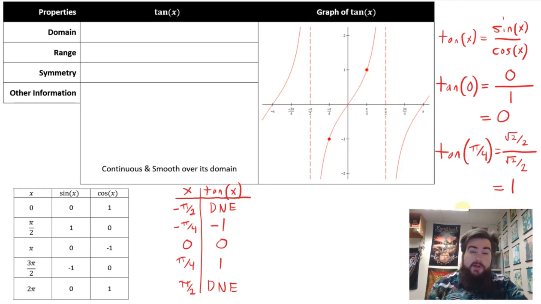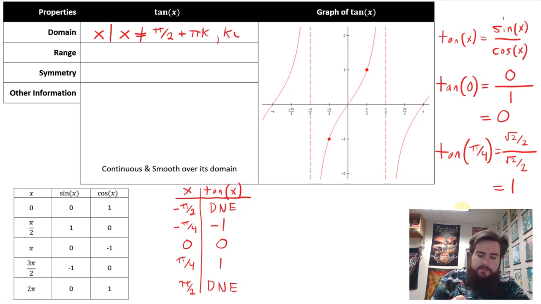In terms of the properties for tangent, the domain is going to be similar to the other functions established within this lesson, in that there are going to be asymptotes that we need to take out of the domain. The asymptotes here are at pi halves and every pi increment after that, meaning our domain is x such that x does not equal pi halves plus pi k, where k is an integer.